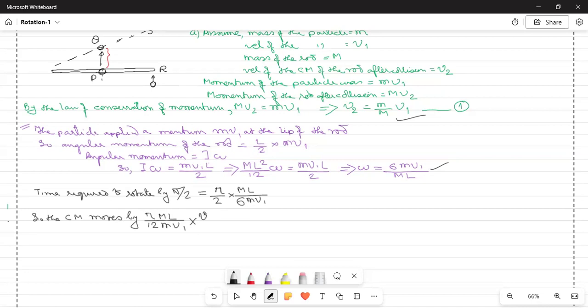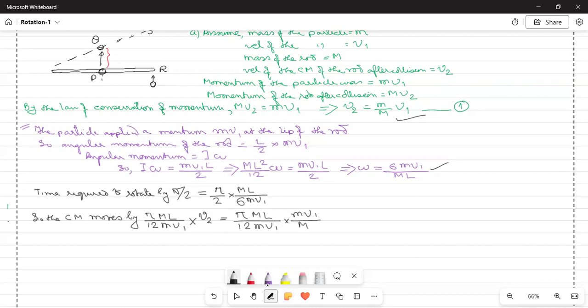Let me write velocity v2 here because it will be easier for you to remember it later on. So just one more step: it makes pi M L by 12 small m v1, that multiplied by v2, which is small m v1 by capital M.